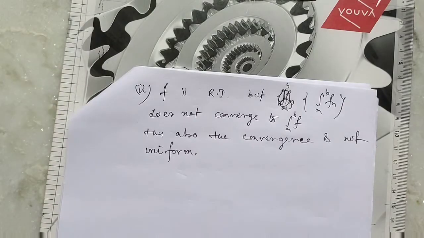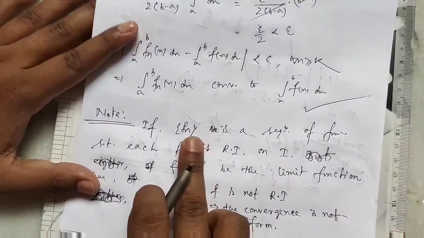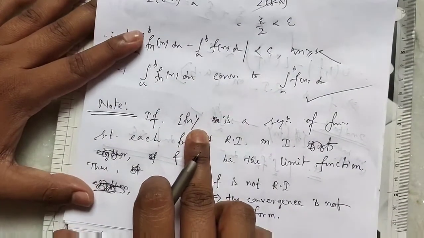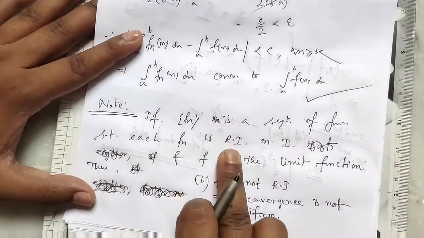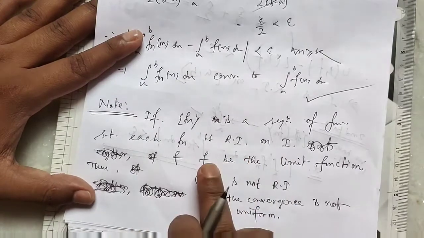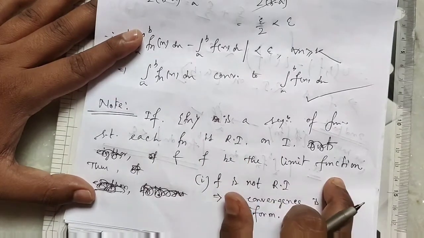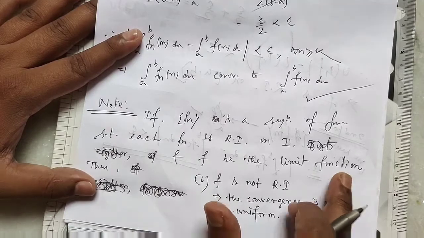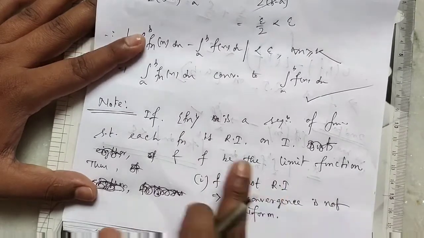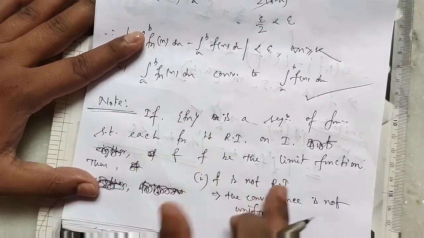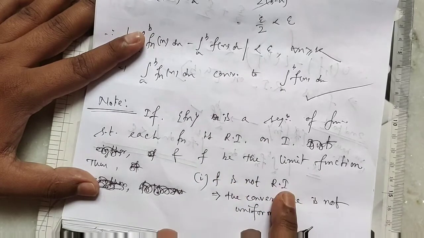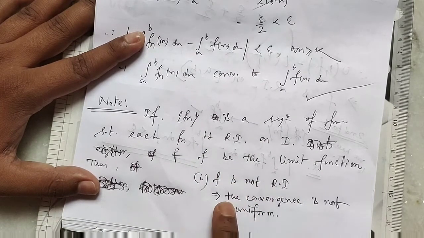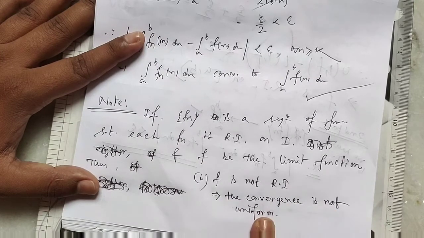So what is our note? If fn is a sequence of functions such that each fn is Riemann integrable on I and f is the limit function, then if f is not Riemann integrable, we say the convergence is not uniform.